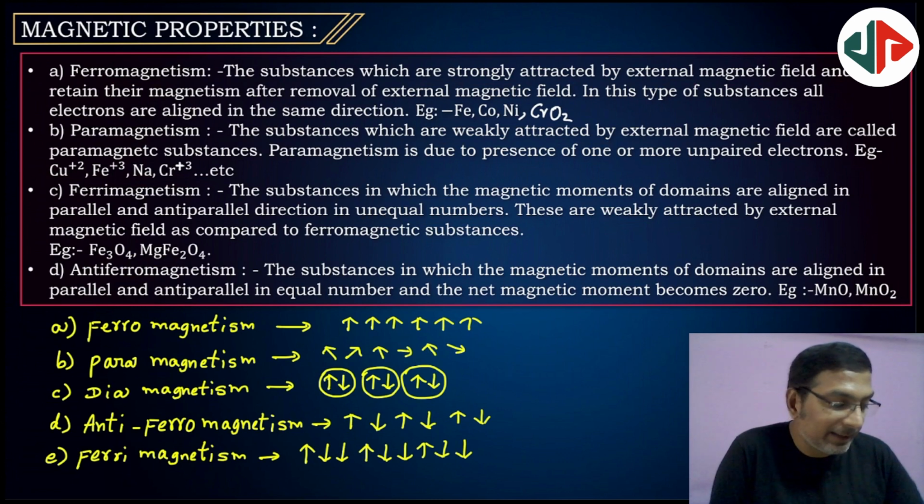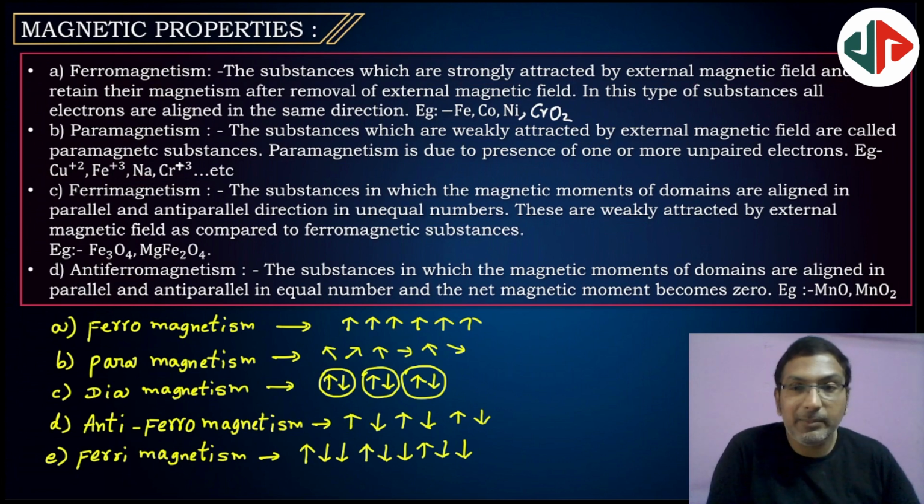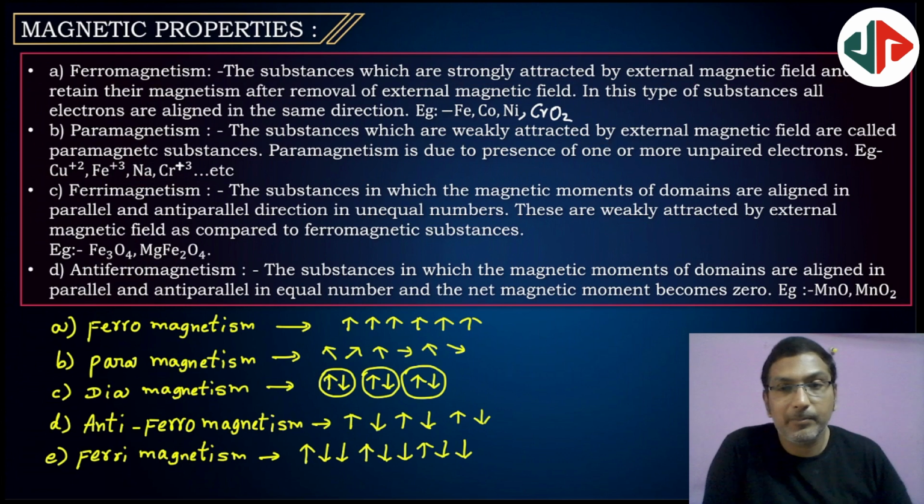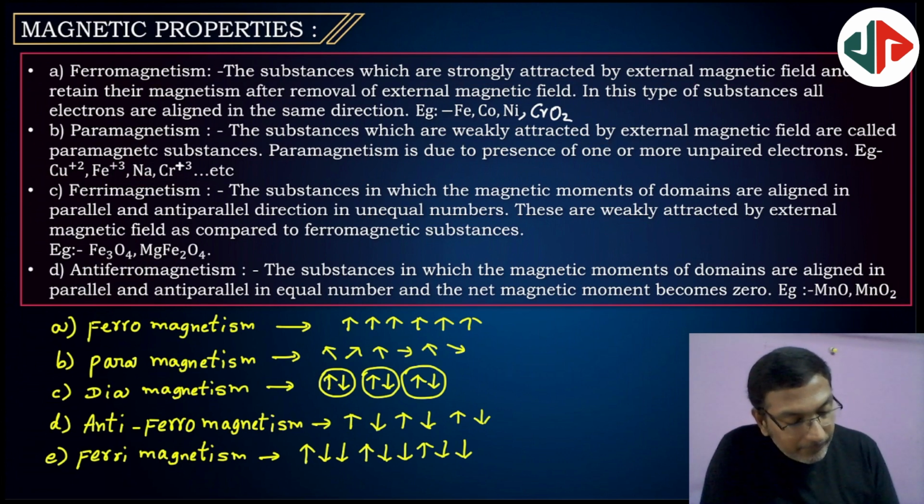Para, weakly attracted. Diamagnetic means repelled by external magnetic field. Ferrimagnetism, unequal number of upward and downward. Antiferromagnetism, equal number of upward and downward. So here examples are very very important.